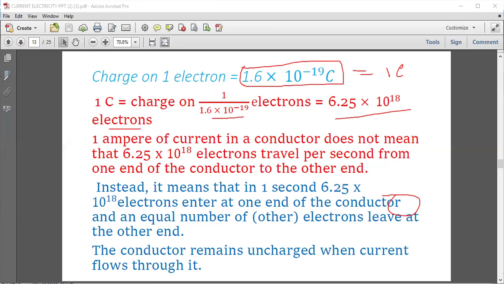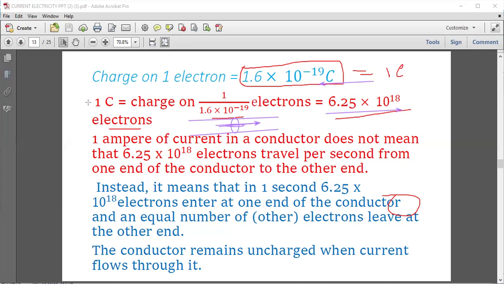Now already I have told that when 1 coulomb charge flows through any cross section in 1 second, you can see here, this is a conductor, and in the cross section of the conductor, when 1 coulomb charge passes through this cross section in 1 second, current is said to be 1 ampere. So we can use this value 6.25 into 10 to the power 18.